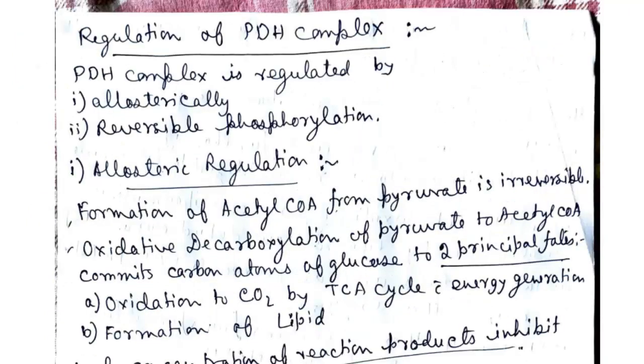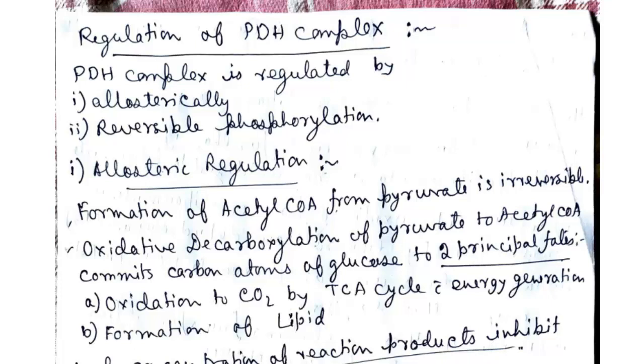Now finally we should know how this PDH complex or pyruvate dehydrogenase complex is regulated. Pyruvate dehydrogenase complex can be regulated allosterically or by phosphorylation. What does allosteric regulation mean? Actually, products that are formed by this enzyme complex can regulate, inhibit or stimulate the enzyme.